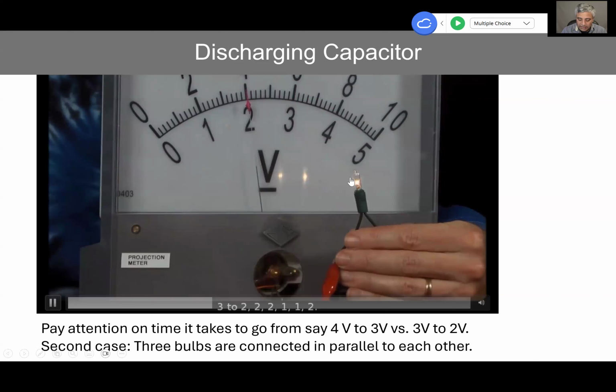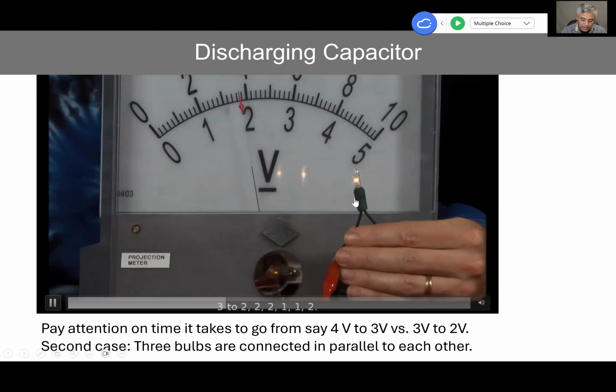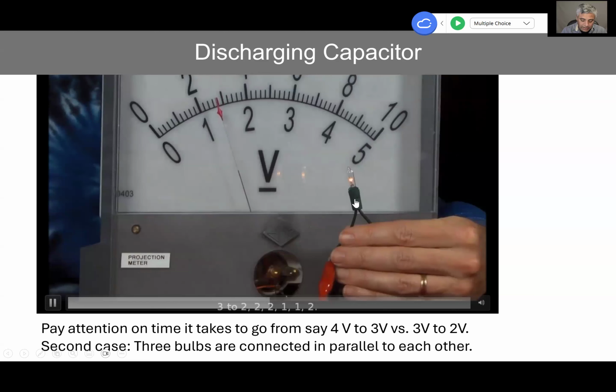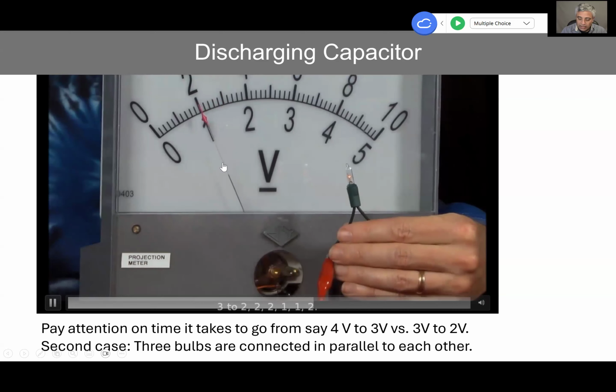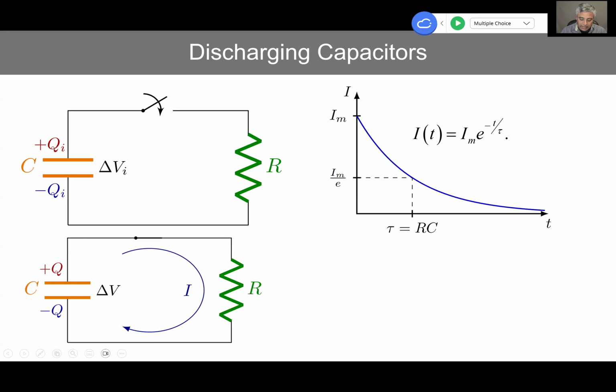And see how the brightness is similarly decreasing because of the potential difference. See, this meter is measuring the potential difference between the two terminals of this bulb. So it's taking forever. So this kind of decay is exponential decay.